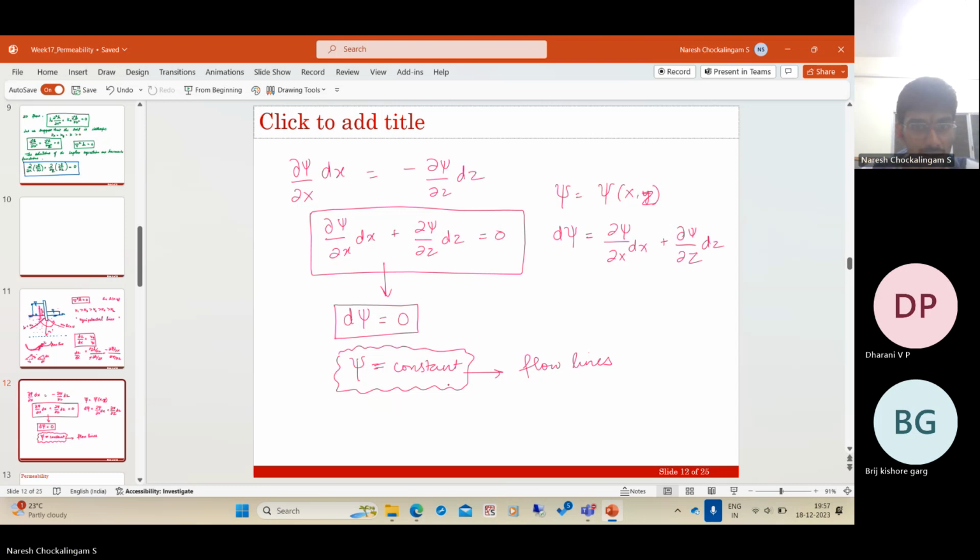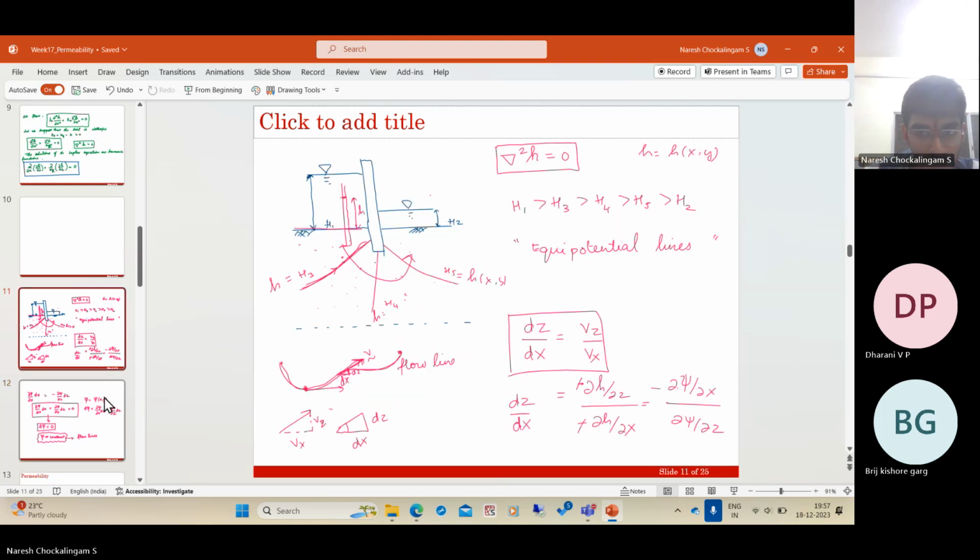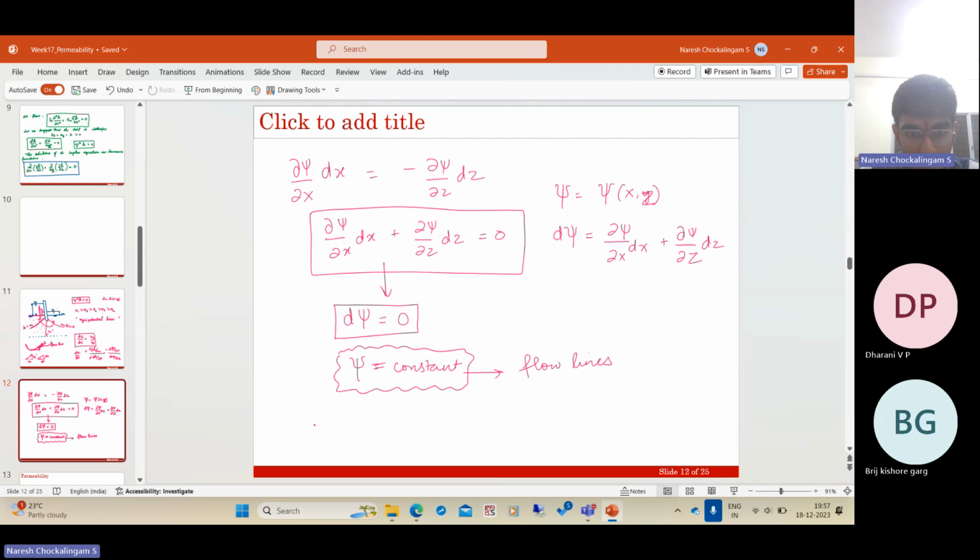Now, these two are obviously orthogonal. As you can easily see, these two are orthogonal. Why? If you take a flow line, dz/dx is this. And if you take an equipotential line, dz/dx is nothing but minus ∂h/∂x divided by ∂h/∂z.